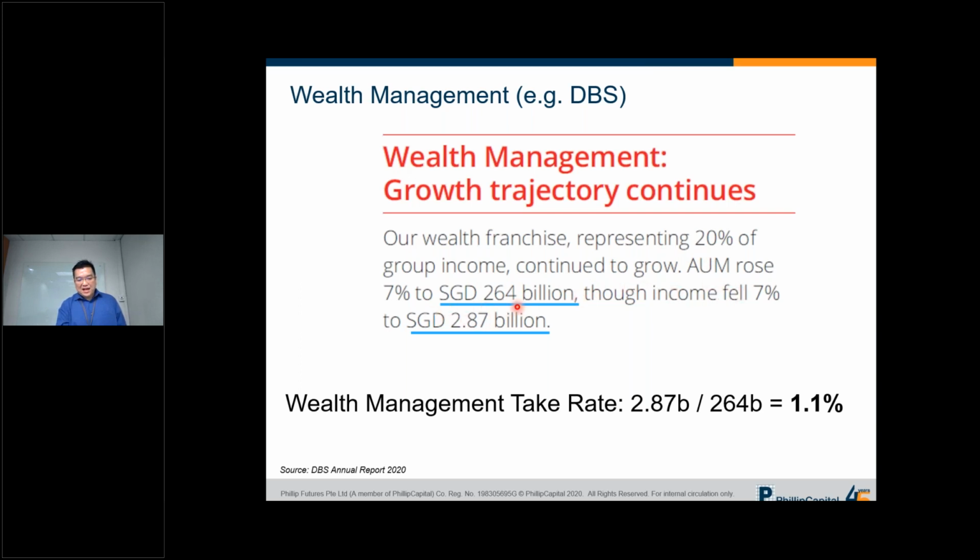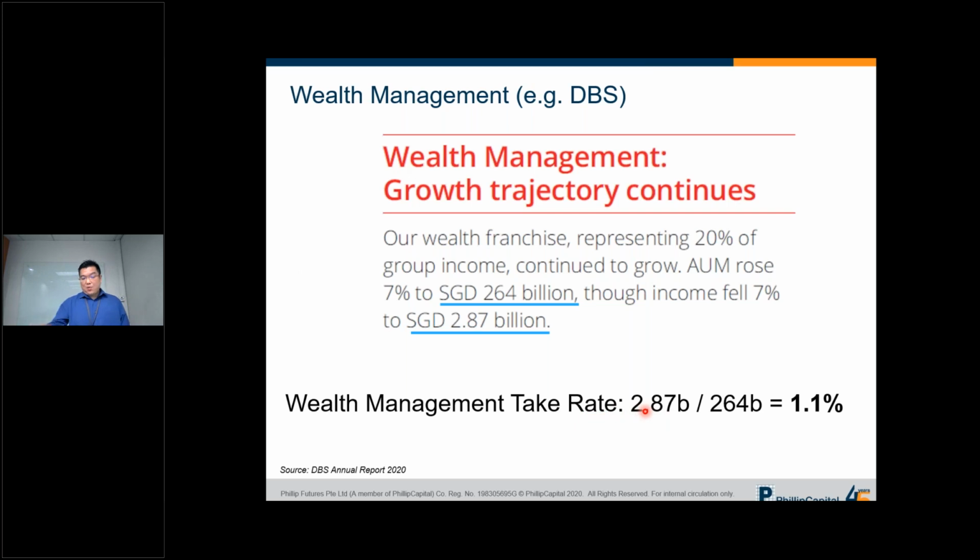AUM rose 7% to 264 billion, though income fell 7% to 2.87 billion, right? So basically, what this sentence tells us is that for wealth management, their take rate is about 1.1%. Out of the 264 billion assets that they manage for the customer, they receive 2.87 billion in income.